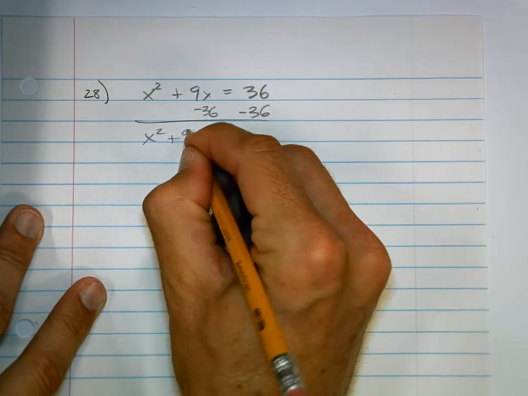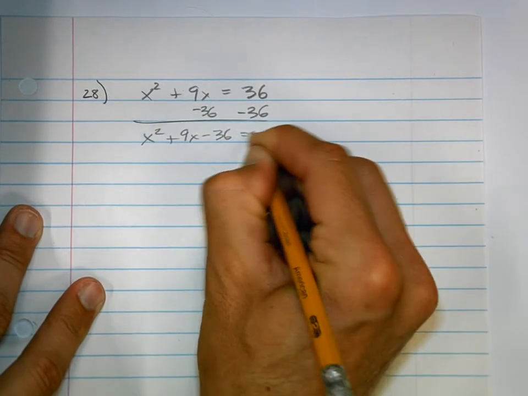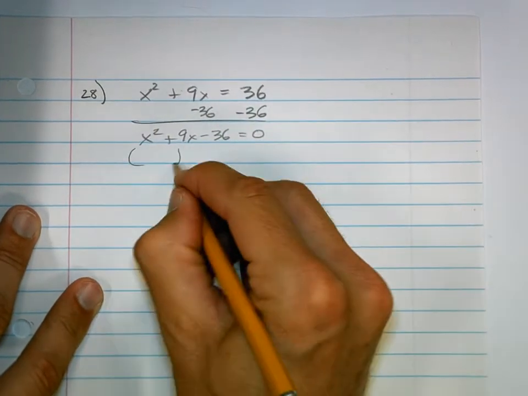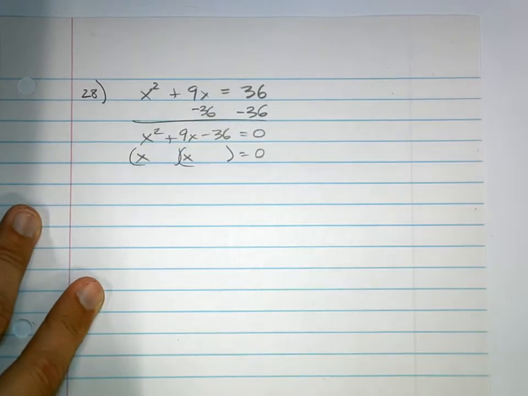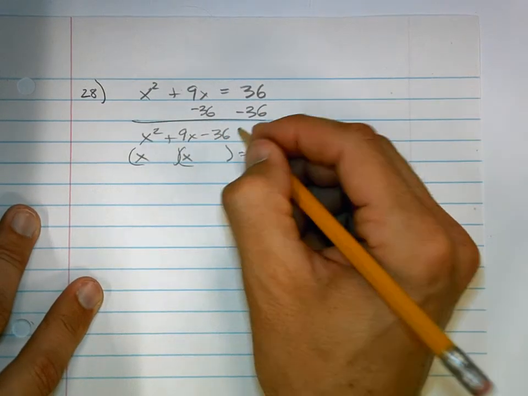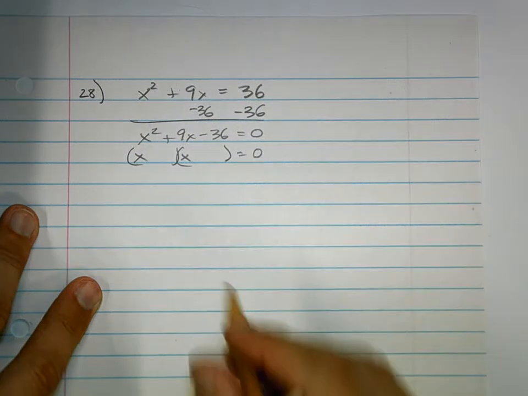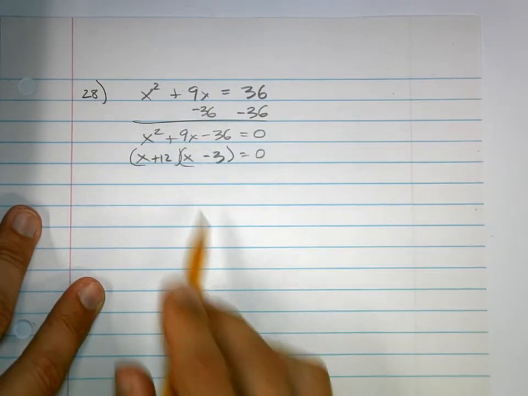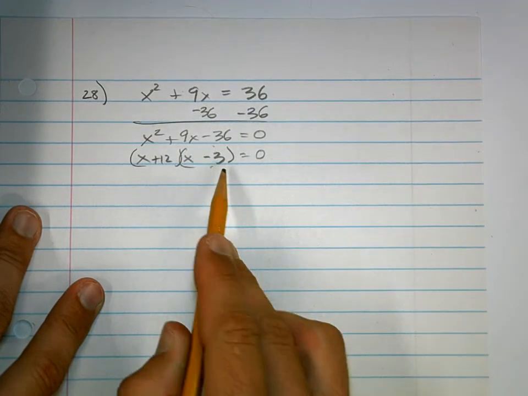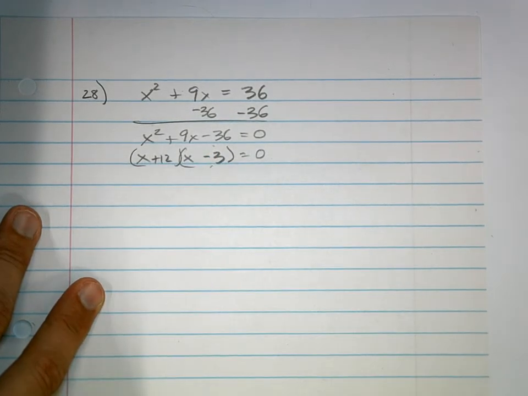X squared plus 9x minus 36 equals 0. And I know that 12 and 3 can get me to 9. So I want plus 12 minus 3. So they multiply to negative 36 and they add to positive 9.